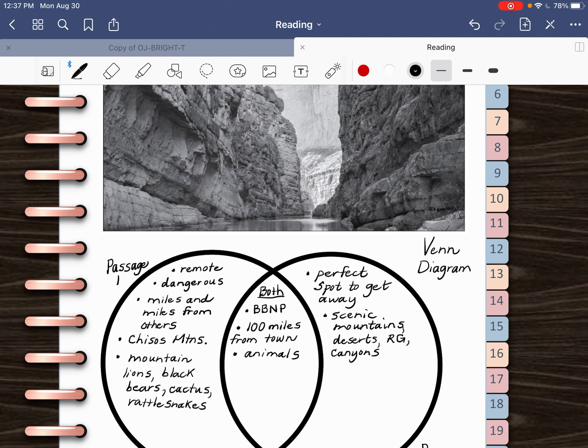The nearest large town is over 100 miles away. That's a common thing. But this says that lights don't block millions of stars.